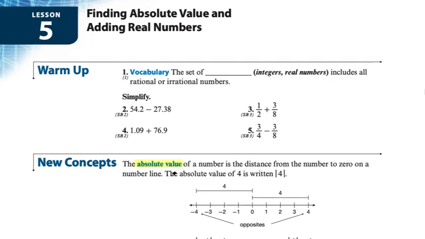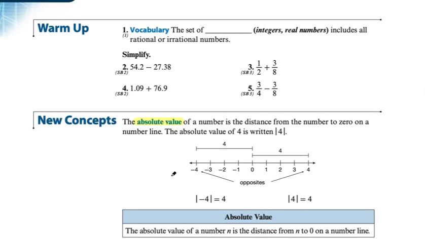And absolute value is the distance from zero. So if I were to consider these two numbers, say -4 and +4, I can think about them in terms of their distance from zero.